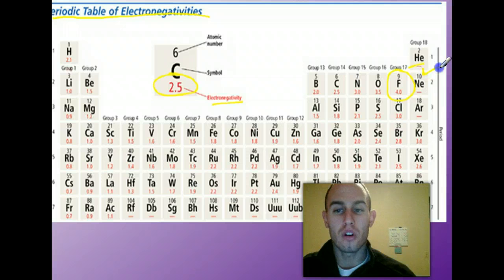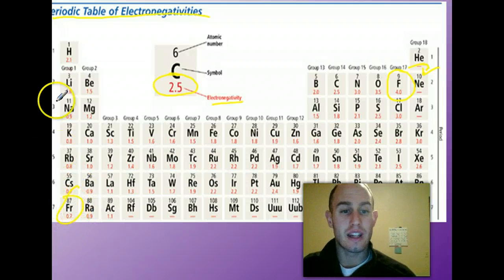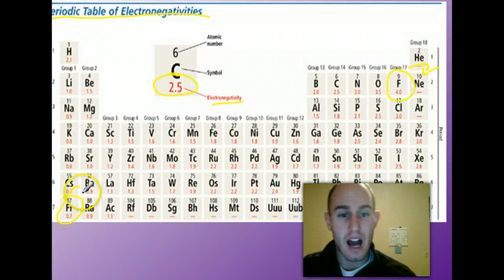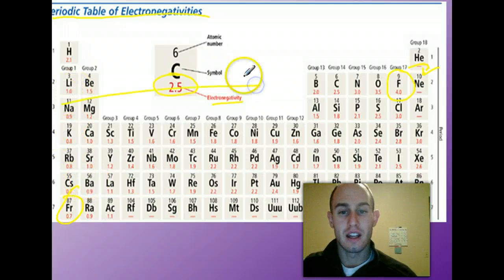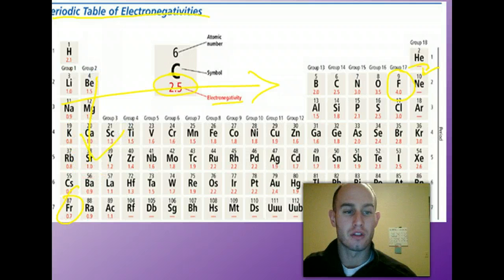It wants one more electron to become a noble gas over here at group 18, so it really wants an electron. Down here, francium is the smallest at 0.7. It doesn't really care about its little s electron. It'll knock that off and lose it. That's not a big deal. So again, the trend is increasing across and decreasing down for electronegativities.